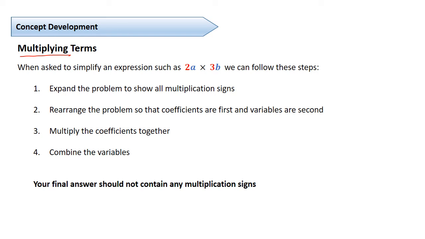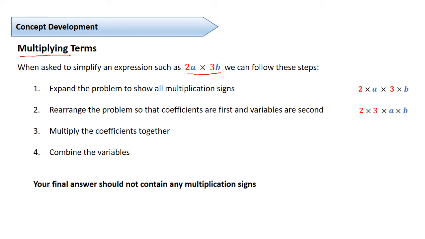Guys, I recommend you write those steps down because they are 4 very easy to follow steps that I think you guys will benefit from. This is how we might write our problem up here. Okay, so this is how we might be given the question, and so this is that first step. 2 times a, okay, because there's no multiplication symbol between the 2 and the a, we know that it is 2 times a, and then it is times 3b.